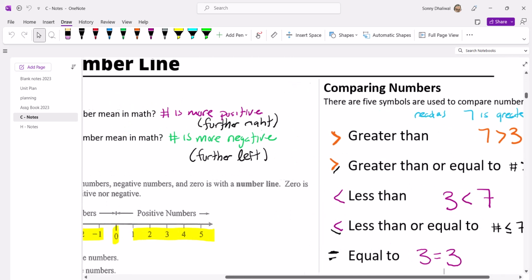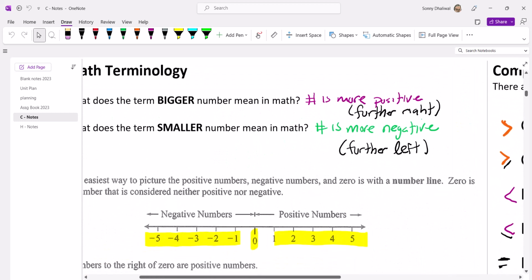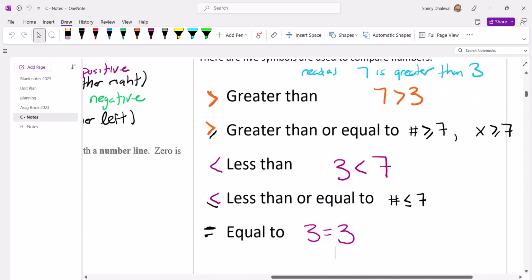And we started talking about comparing numbers. If something is bigger, it's further right on the number line. The more positive it is. If something is smaller, it's further left on the number line. Right? Okay. And then we use these symbols. These are called inequality symbols. Thank you, Thomas.